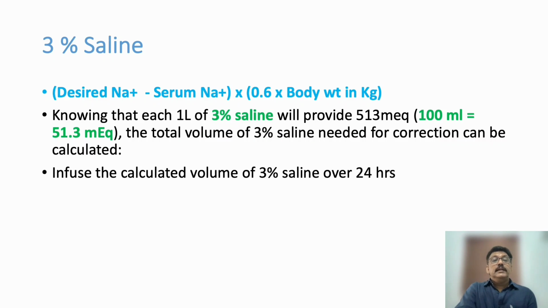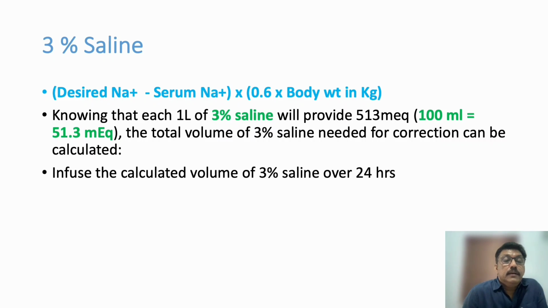So when we are giving 3% saline, we have to always know the amount of sodium deficit in the body, and you can calculate the required sodium by this formula: desired sodium minus serum sodium, into 0.6, into body weight in kg, will tell you the actual deficit.